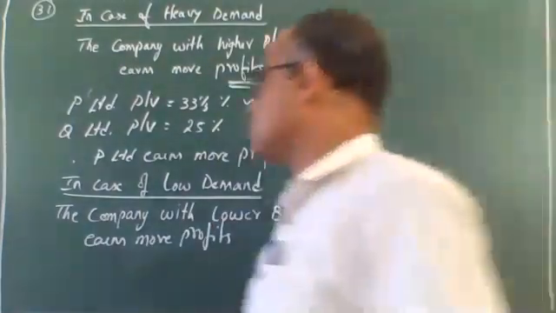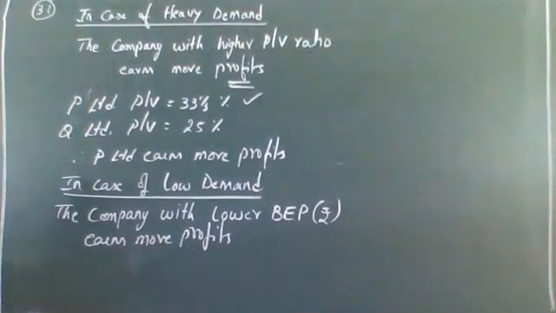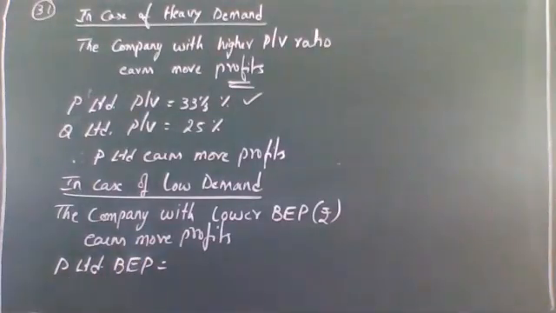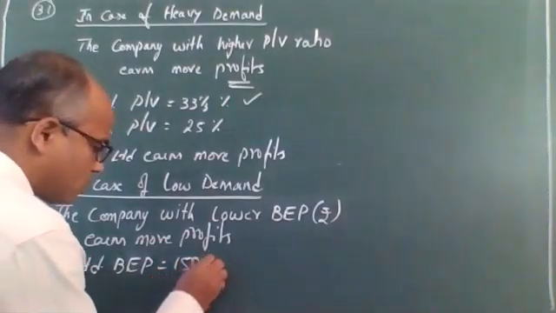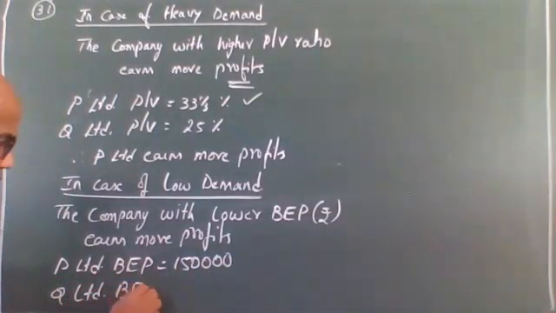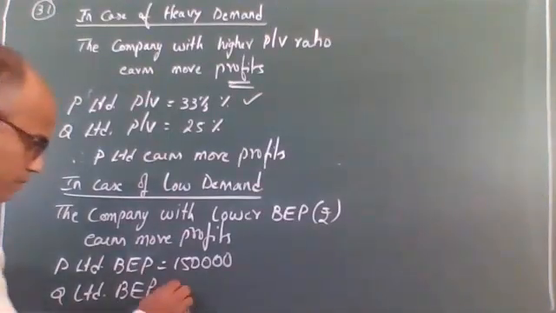Now in this case, when we refer to the answers of yesterday's question, the break-even point of P Limited is 1,50,000, and when it comes to Q Limited, the break-even point in terms of rupees is, I think, 1 lakh rupees.